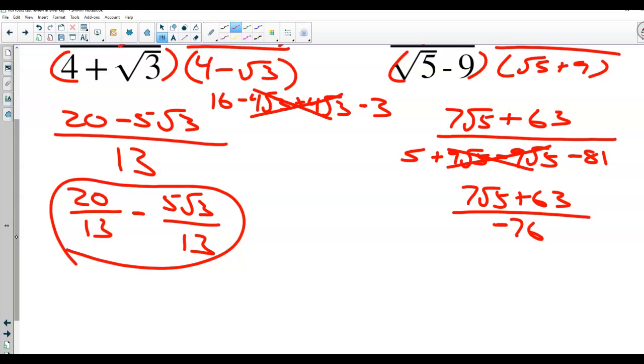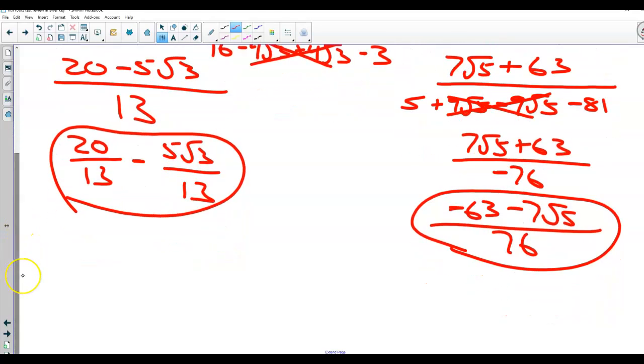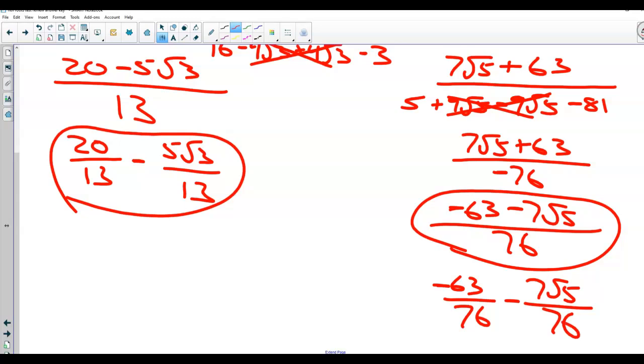And we always put the rational number first. So this is the correct form of this answer. Now, once again, if you want to split it up and make it negative 63 over 76 minus 7 root 5 over 76, feel free.